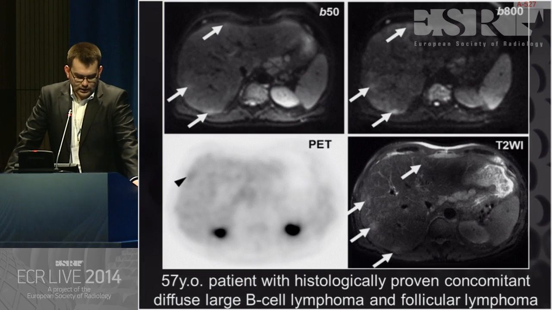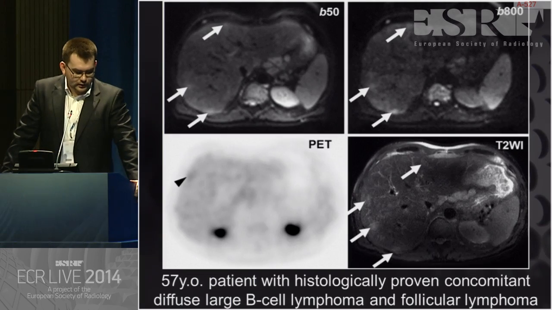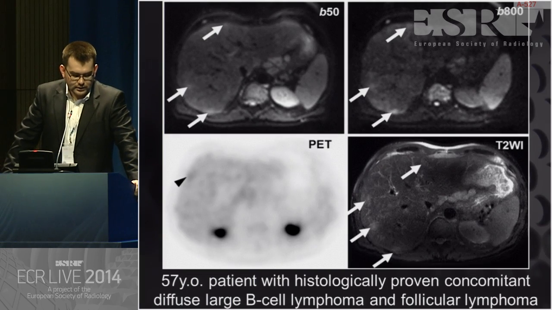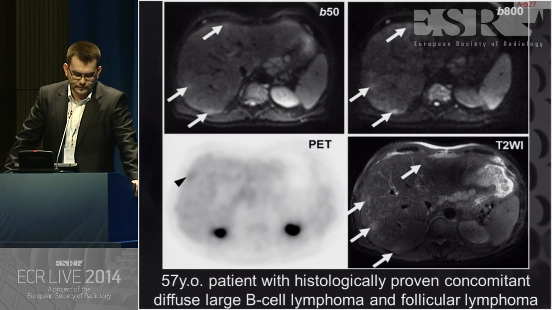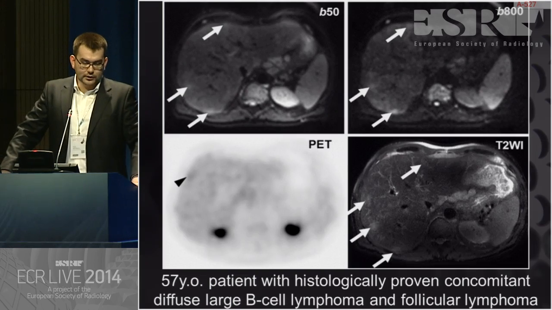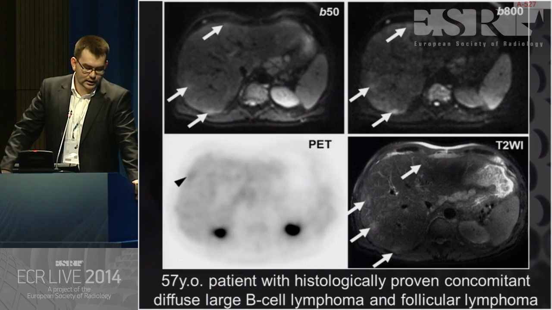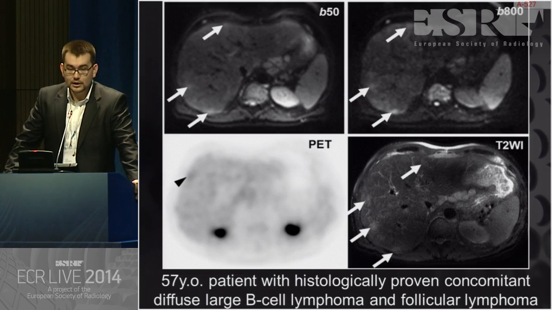Here we can see 1.5 Tesla diffusion-weighted images with a b-value of 50 and b-value 800, and FDG PET images of a 57-year-old patient with histologically proven concomitant diffuse large B-cell lymphoma and follicular lymphoma.